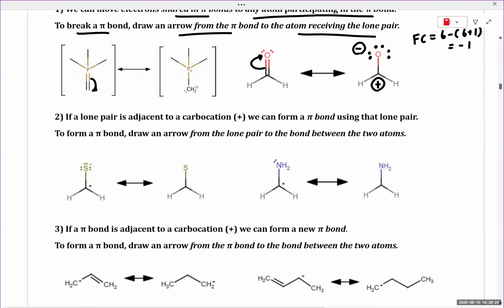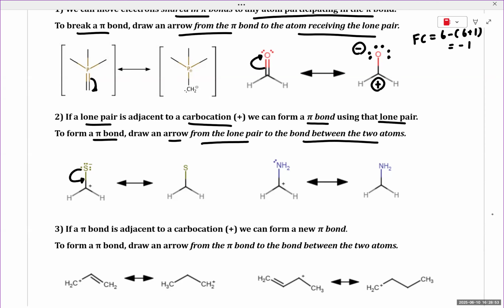Okay, now another trick that we can do involving arrow pushing is if a lone pair is adjacent to a carbocation, which is a carbon with a positive charge, we can form a pi bond using that lone pair. To form a pi bond, you draw an arrow from the lone pair to the bond that you want to form between atoms. So I'm going to take my lone pair, draw an arrow, and I'm going to form a new pi bond.